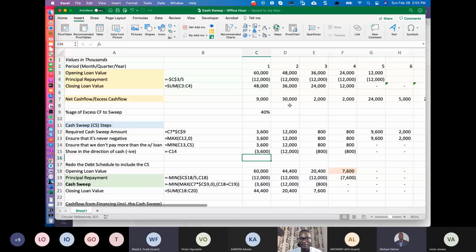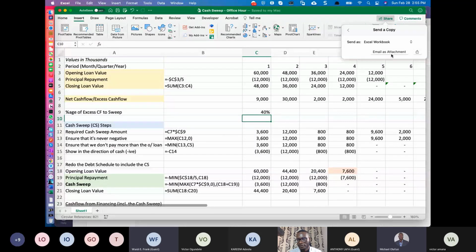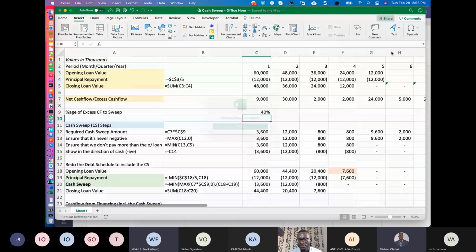No problem. Another question I wanted to ask is relating to the financial modeling. When we were building it the other time, we were looking at building from the end of the period.